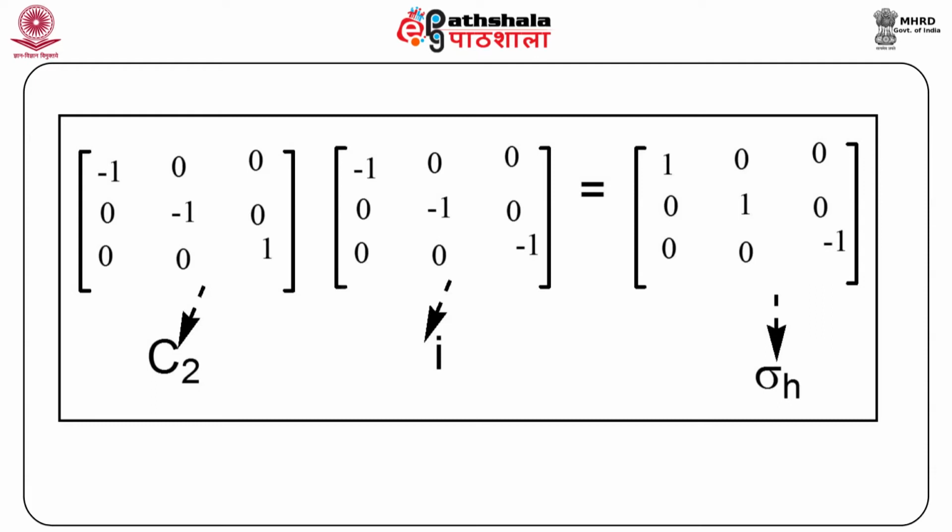Now, let us do this in terms of matrices. I take the matrix corresponding to C2 and the matrix corresponding to I, and then multiply them together. I get the matrix 1 0 0, 0 1 0, 0 0 -1. What is this matrix? It is the matrix for sigma h, and our symmetry operation product also shows that C2 into I is sigma h.